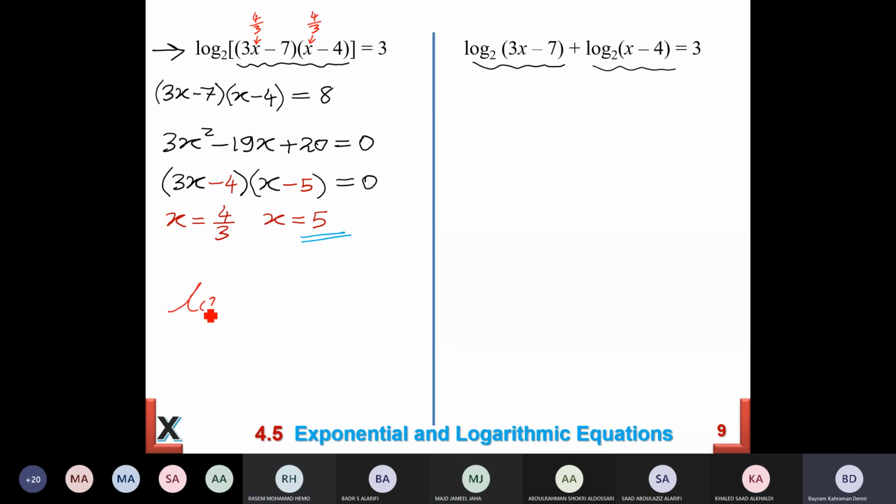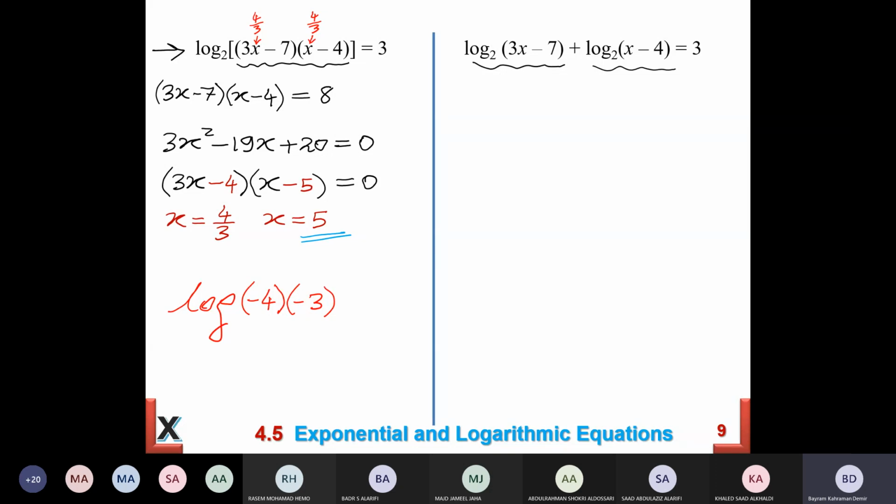Imagine you have the logarithm of, for example, minus 4 times minus 3. Do you think this is defined or undefined? Defined, because minus 4 times minus 3 is 12. So it is not the logarithm of minus 4, and not the logarithm of minus 3.